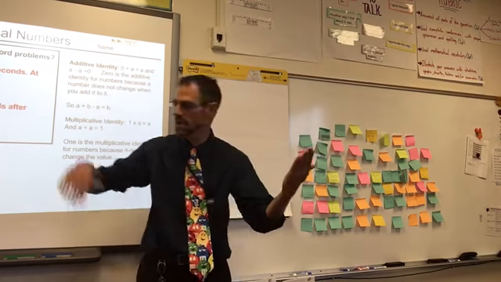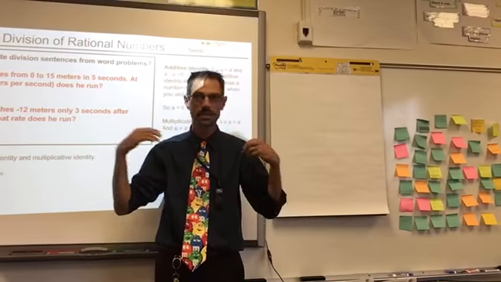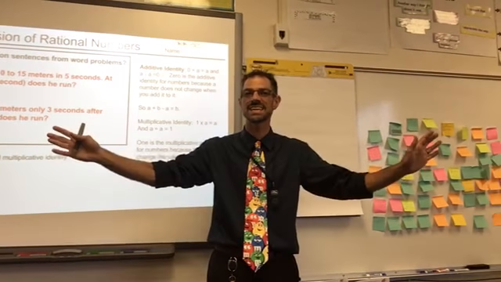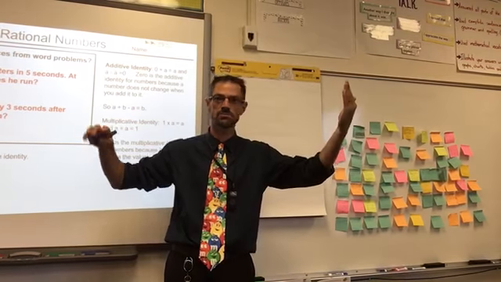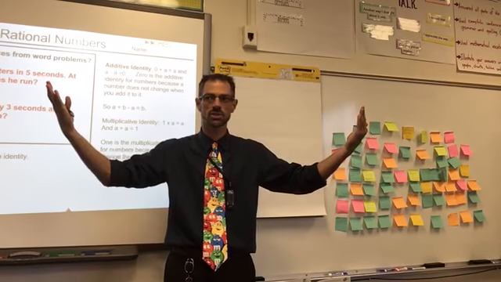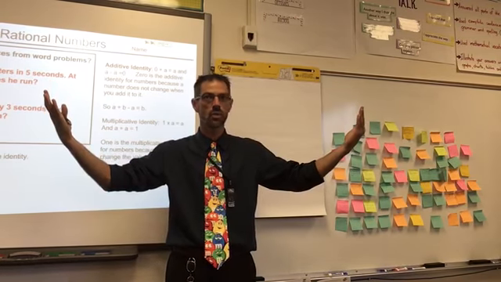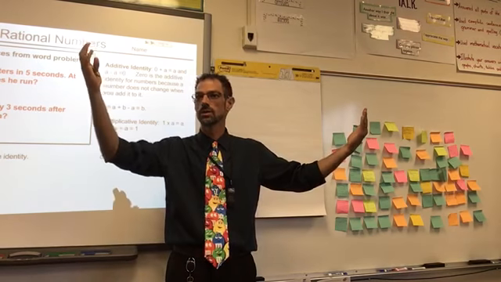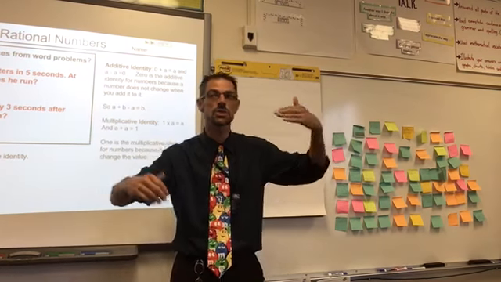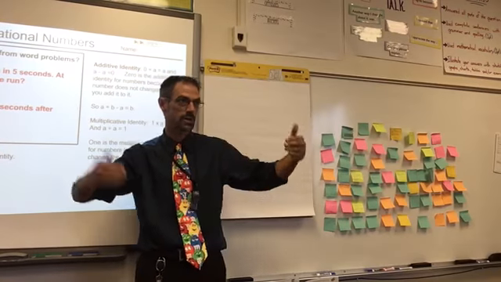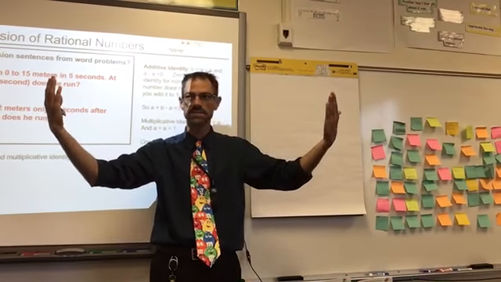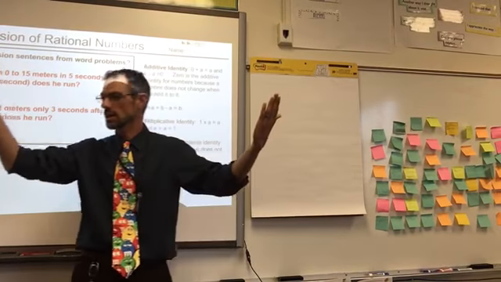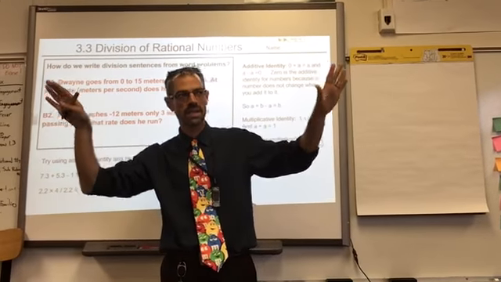If I have a number and I take that number away, it's 0. It's almost like it didn't exist. Can you think of something that we've talked about where I have something and I have something else and they cancel each other out? Yes. What are they called? Yeah. Opposites. Now this is not 4 and negative 4. This is 4 minus 4. That's the additive identity, saying if I have a number and I subtract that same number, I get back to 0.